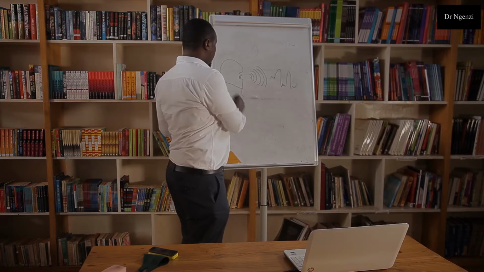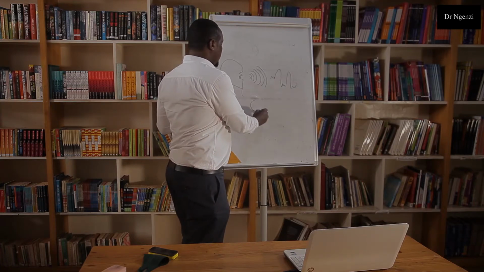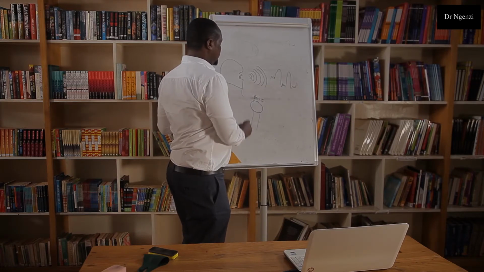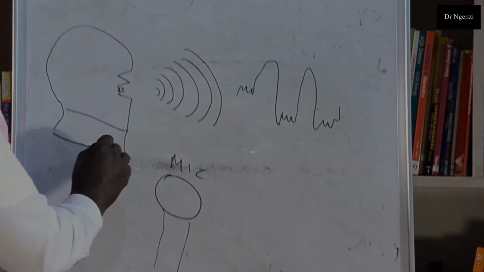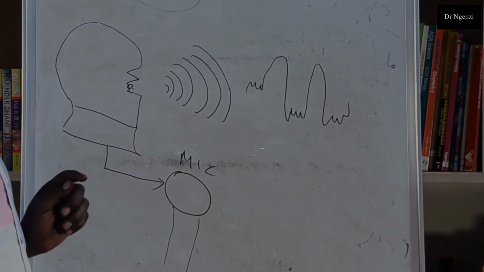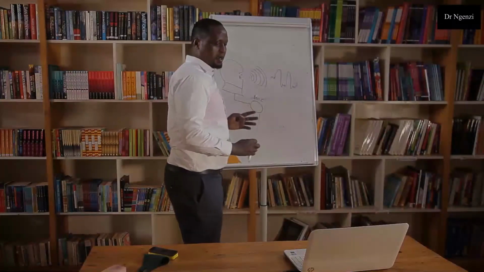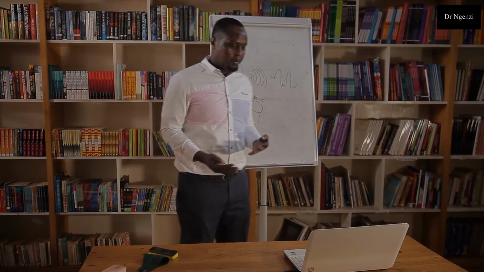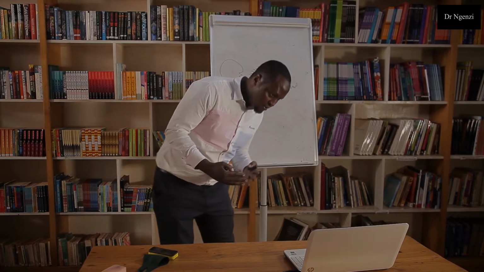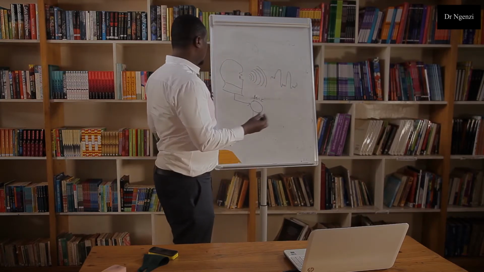Suppose here now we have a microphone. This is a microphone, and the signal goes in this way and touches the microphone. Remember, the microphone is going to amplify and give some signals.